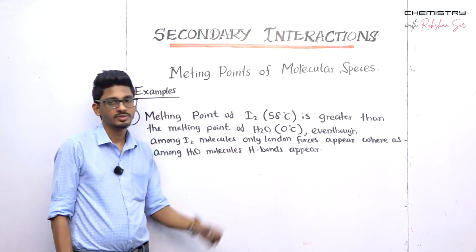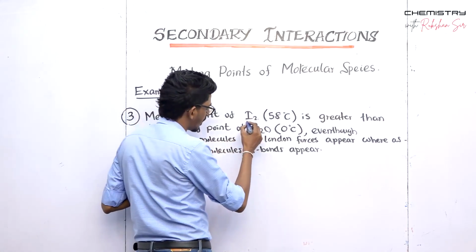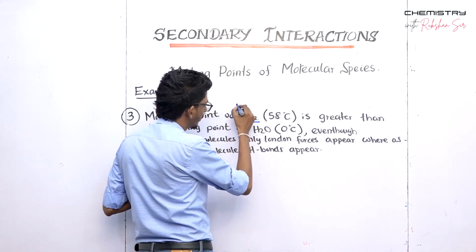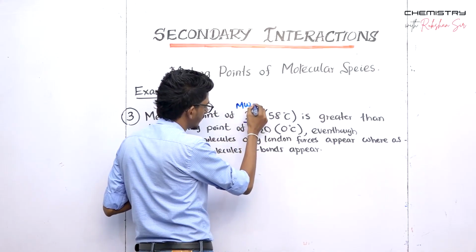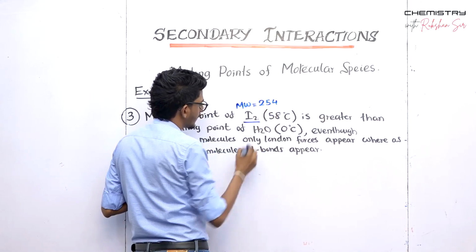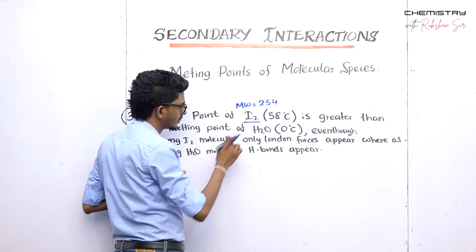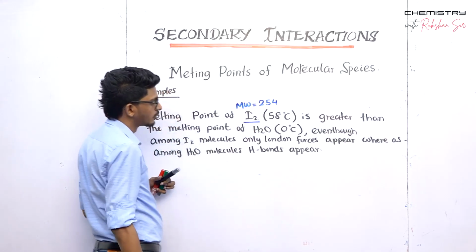It is very clear, no? See, why is that? Because when it comes to I2, its molecular weight is 254. The atomic weight of iodine is 127, and we have two of those, 254.